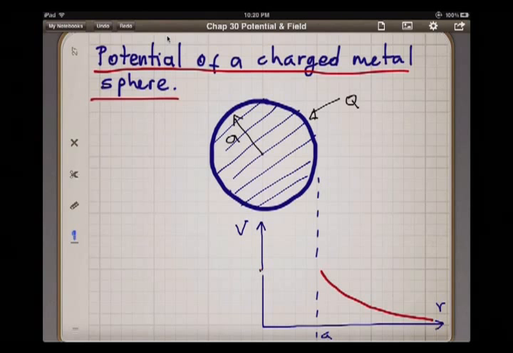But if you plot the potential in the region inside the conductor, then it must be a constant. It must be a straight line with slope 0. And the value that it has will have to be equal to the potential on the surface, kq divided by a. So outside the potential behaves like kq over r, inside the potential is constant and equal to the potential on the surface.